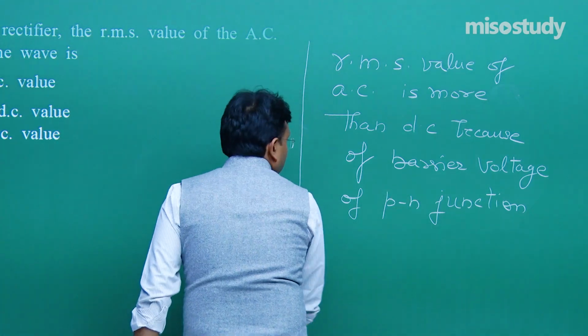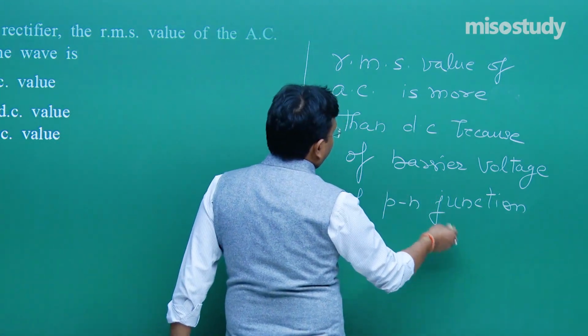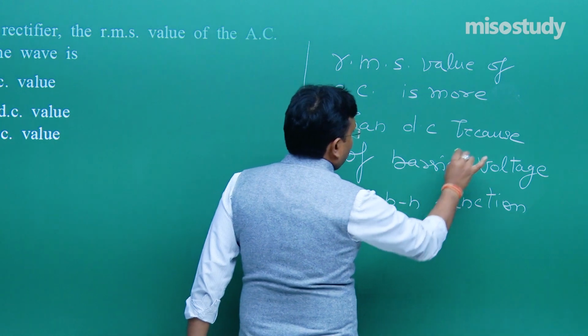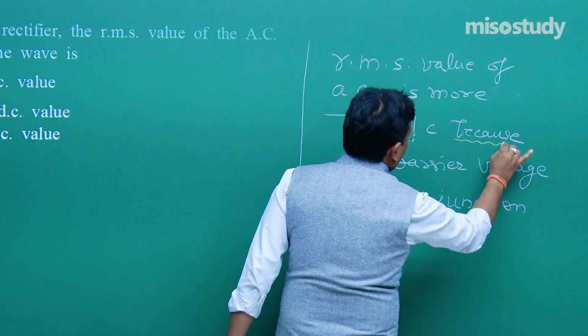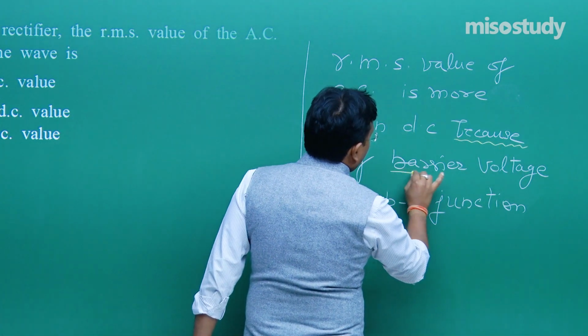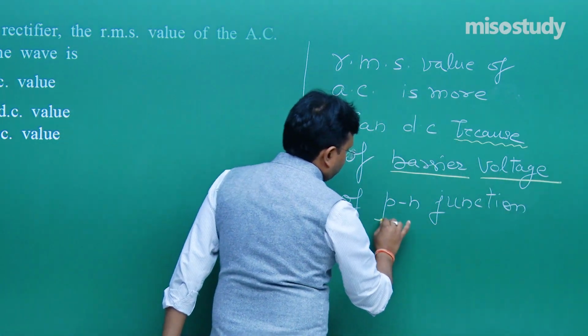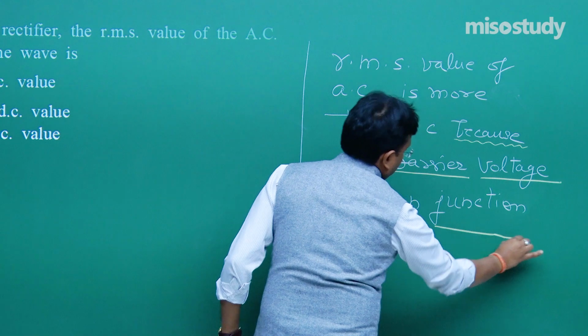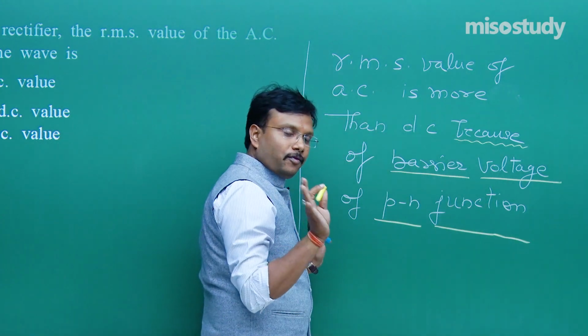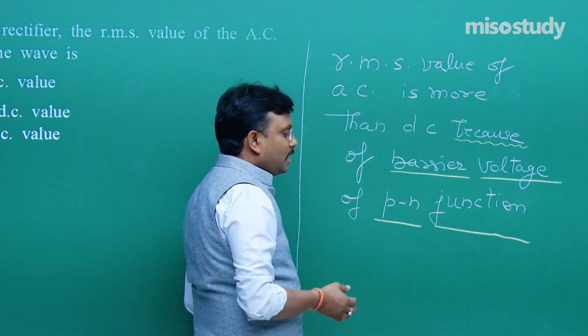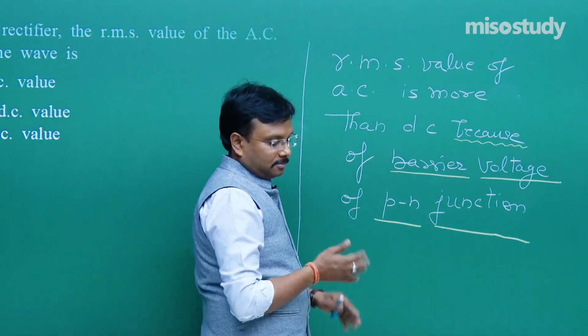So now, more than required, I explained, because of barrier voltage of PN junction. This is a very simple explanation.